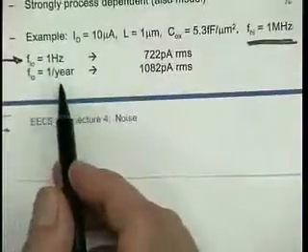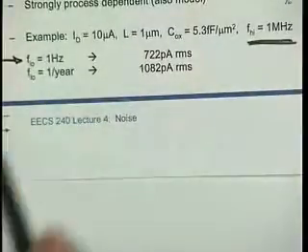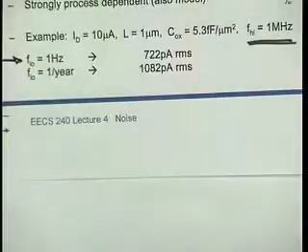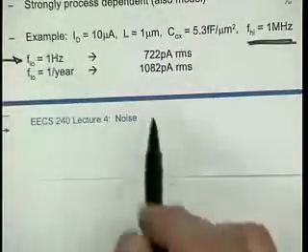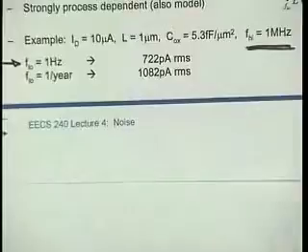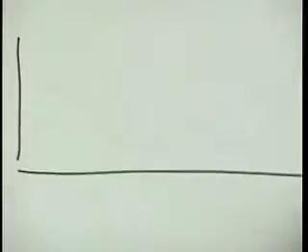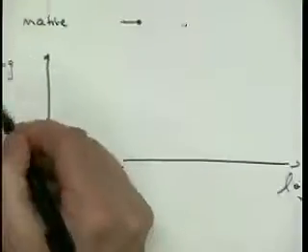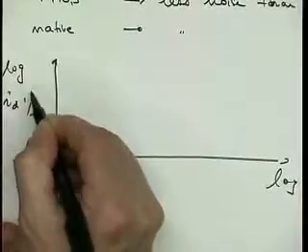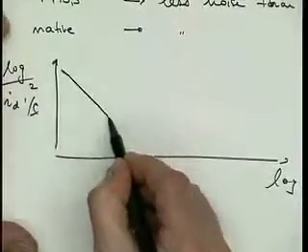And then I went back all the way 1 year. I ran my circuit for an entire year and was listening all the time and was collecting the entire noise power over that entire year up to 1 megahertz. And then I get 1,000 picoamps. Now, granted, it's a little bit more, but it's not a whole lot more. What happens is that if we look at this thing on a log scale, log here also, and here we plot this ID 1/f squared, it's going to look something like this.